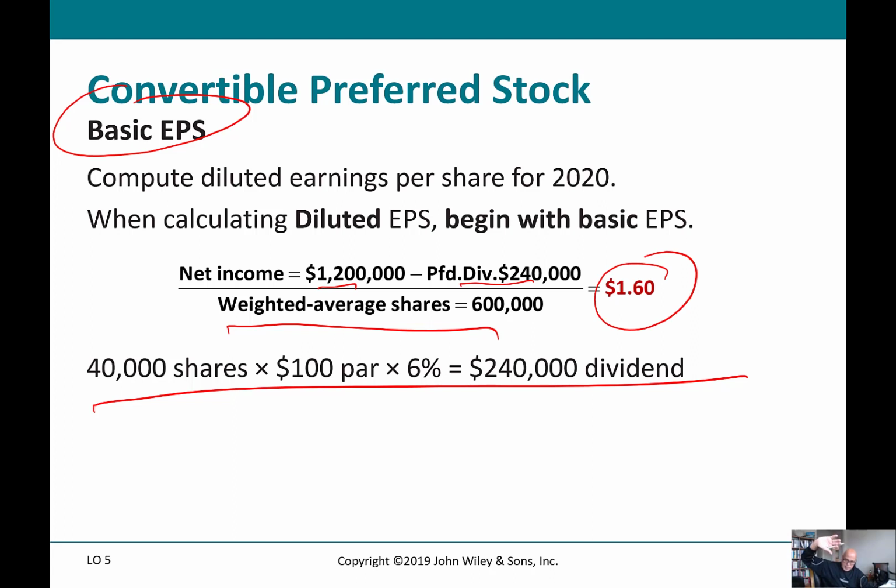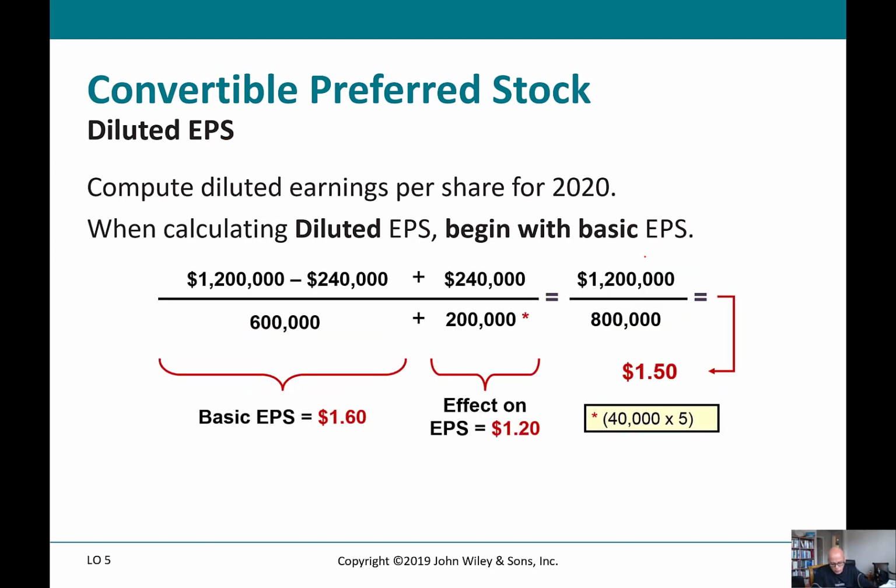That 160 is going to sit there as a threshold to determine whether my calculation now of the potentially dilutive shares is actually dilutive or anti-dilutive. So I come over, and this gets a little funny the way they're doing this. I mean, they show what it was for the basic by subtracting the preferred dividend, but you wouldn't subtract the preferred dividend if those shares had been converted to common.